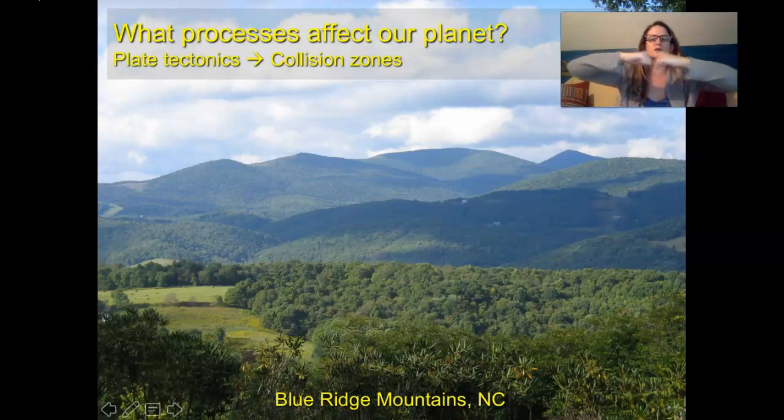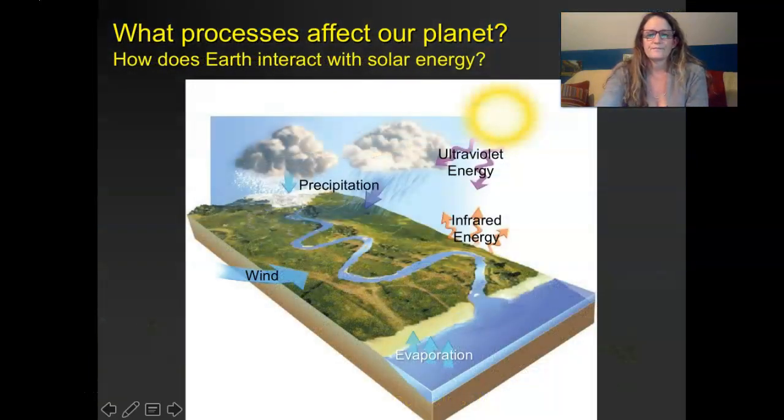So two continents rammed into each other to form the fold and thrust mountains of the Blue Ridge Mountains. We're going to talk more about that in plate tectonics, but these mountains have eroded after the formation of the Appalachian Mountains.